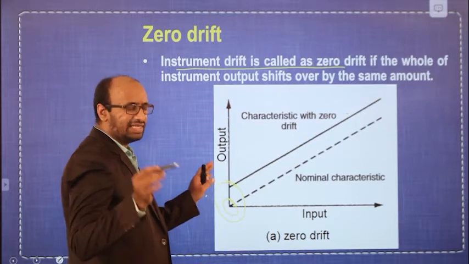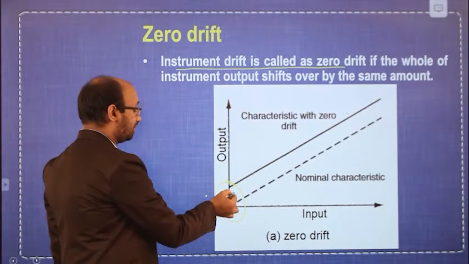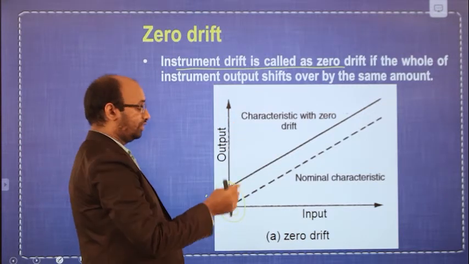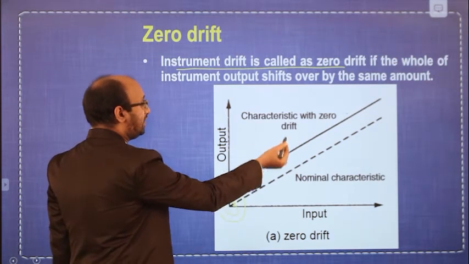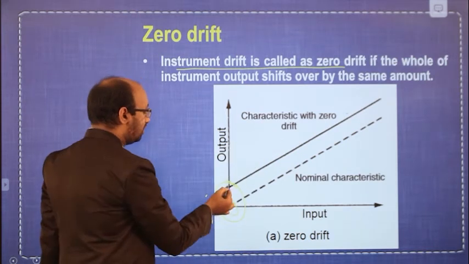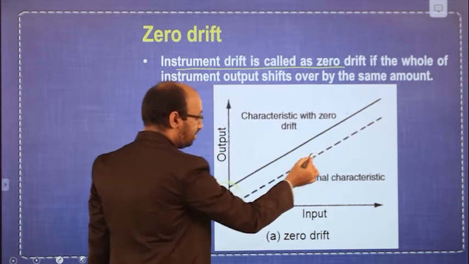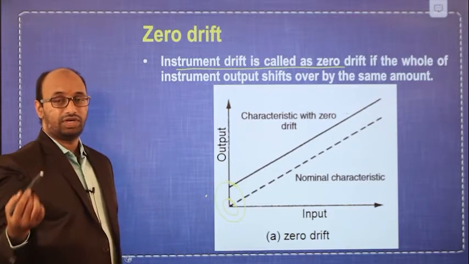Even for zero input, the instrument shows some deflection, and this error is maintained throughout. If we increase the input from 0, this error gets added to each and every measurement. So this deviation is maintained as constant throughout the measurement, and this drift is called zero drift.